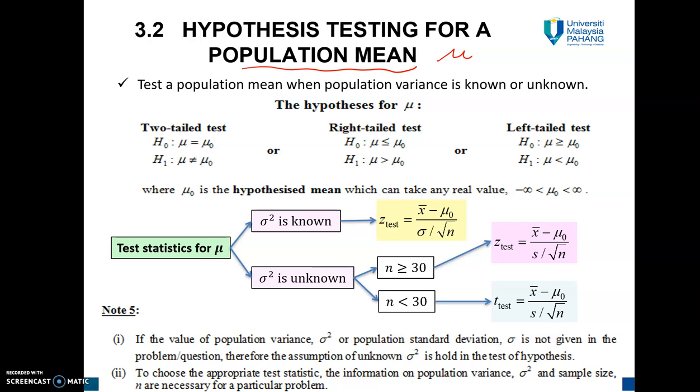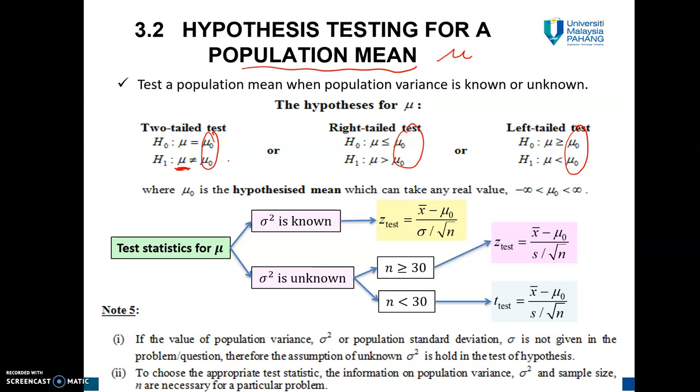So how do you write it? You will have the parameter mu, and mu naught here is a value. How do you get the value? You get it from the question. If they didn't mention how many or how much, you will put 0. Focus here: this is two tail, two areas, right tail, left tail. So that is step number 1.